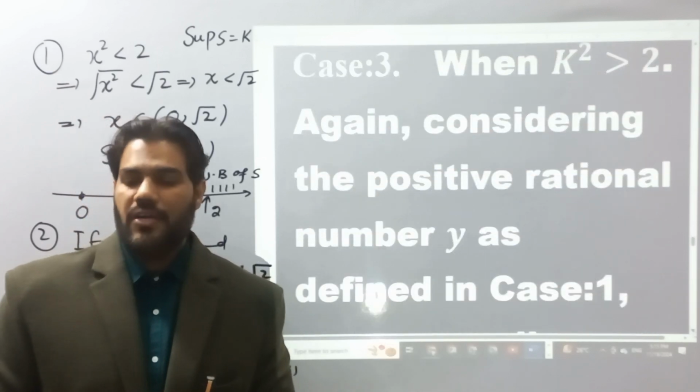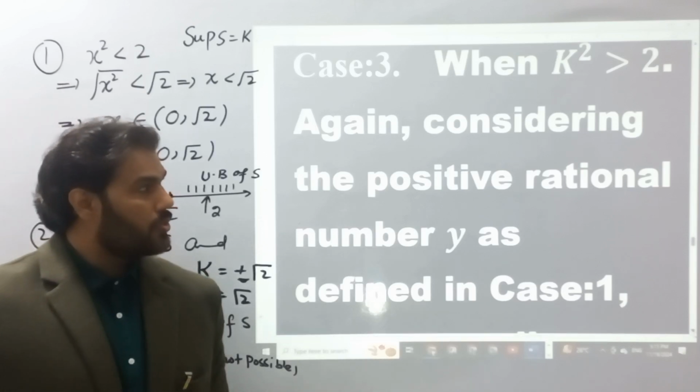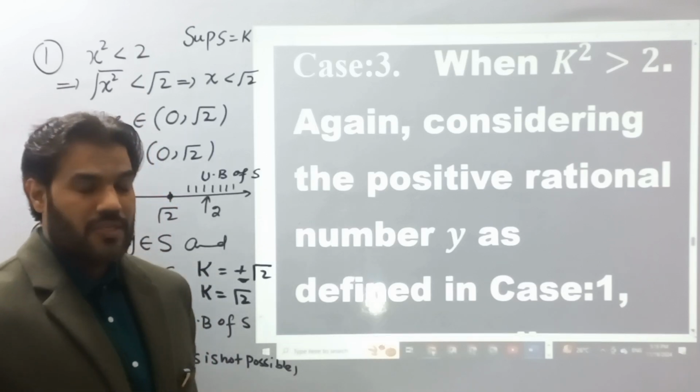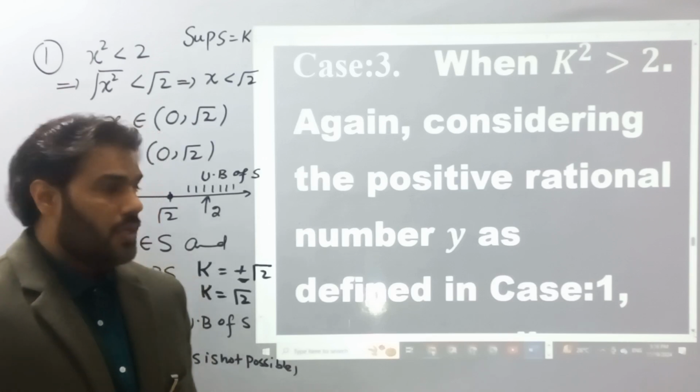Now we move towards the third case, when k square is greater than 2. To prove a contradiction in this case also, we will use the same strategy that I used in case number 1.